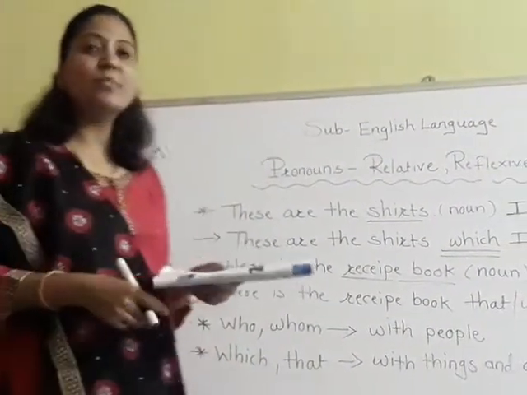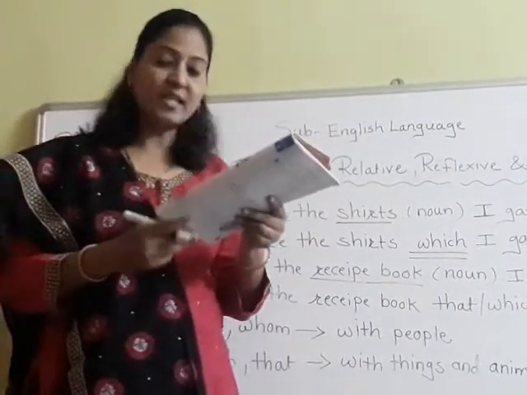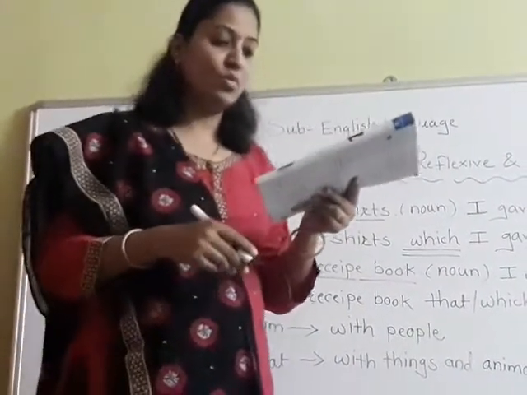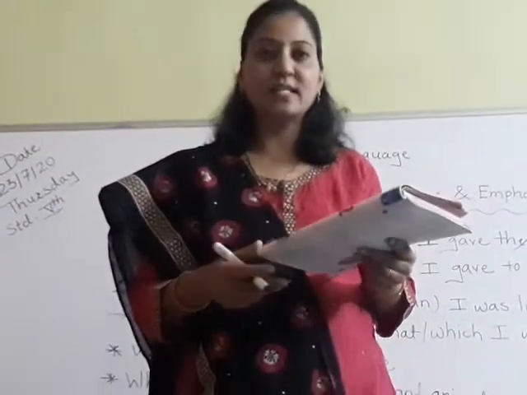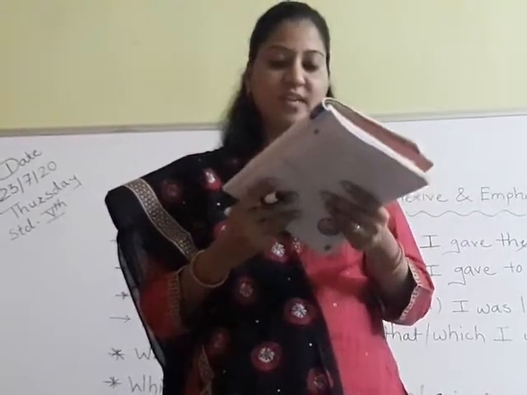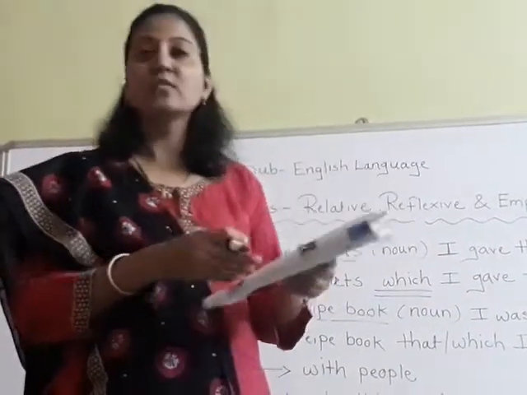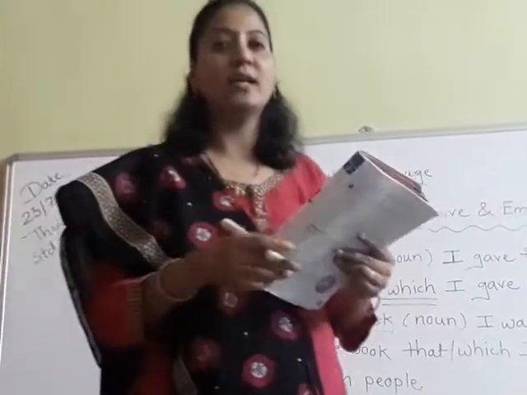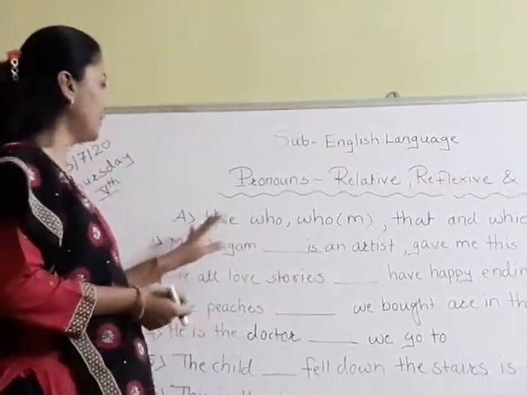Now question number A is given there, and you have to see the instruction. Use who, whom, that, which in these sentences. So the first sentence. Now we will solve this question number A. Okay. Now students, see this question.